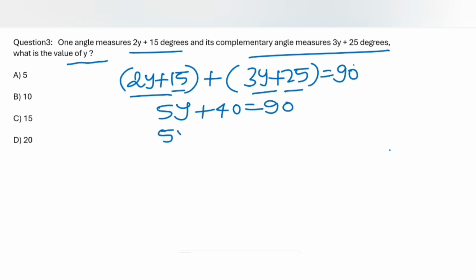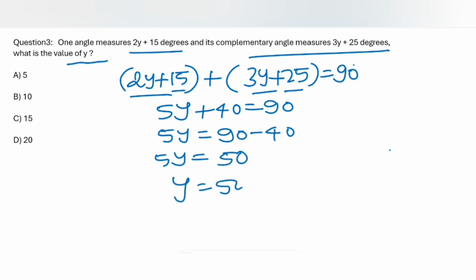So again 5y is equal to 90 minus 40, which is 50. So y is equal to 50 divided by 5. Okay, 5 tens are 50, right? So therefore y is equal to 10. So here the answer B is the right one. Okay, so let us move on to the next question.